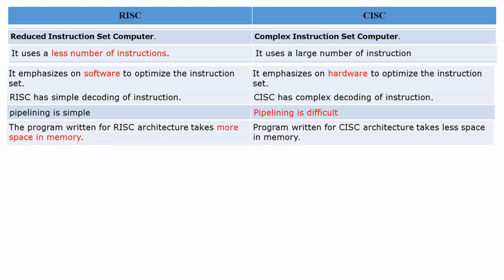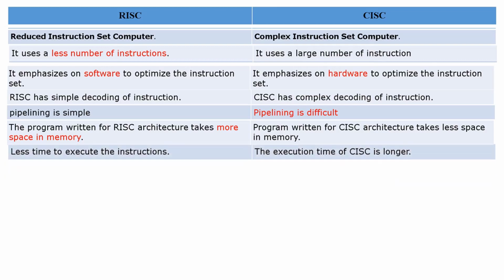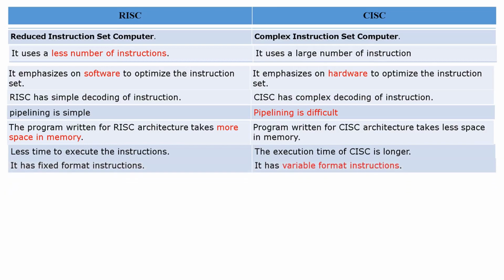The program written for RISC architecture takes more space in memory, whereas in CISC architecture it takes less space in memory. This is a very important point for RISC and CISC. RISC takes more memory space. Even though it takes more memory space, it takes less time to execute the complete instructions, whereas CISC takes longer to complete the execution of the instructions. And RISC has a fixed format and CISC has a variable format.